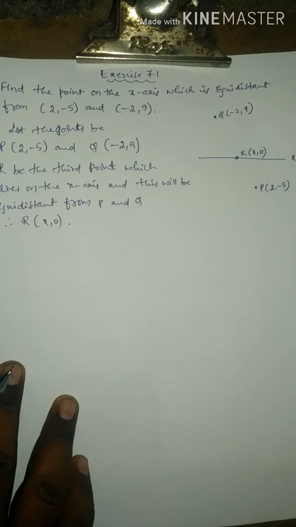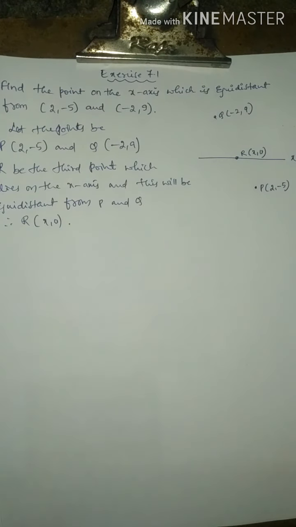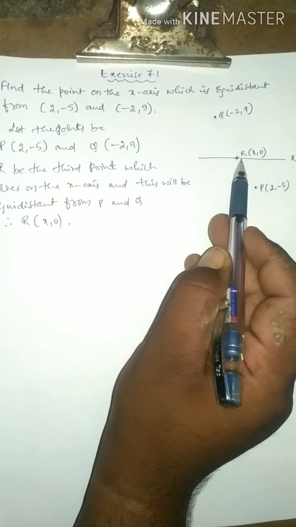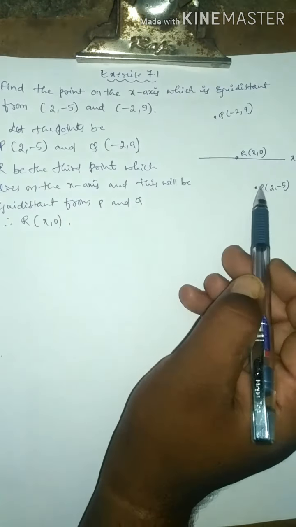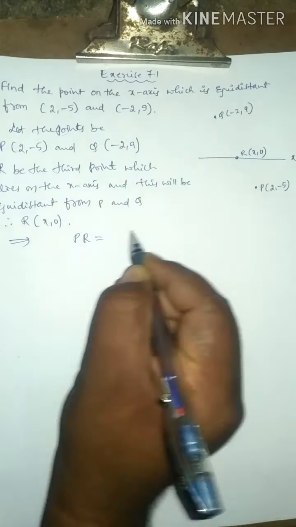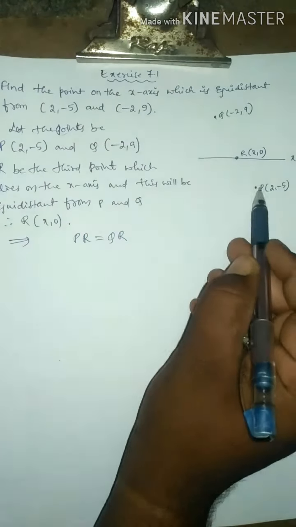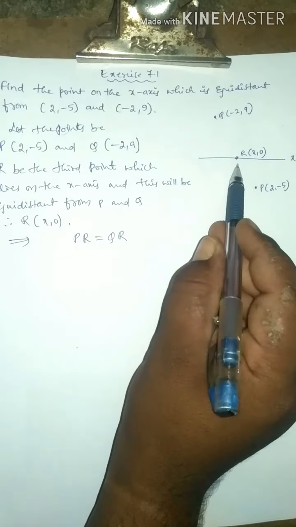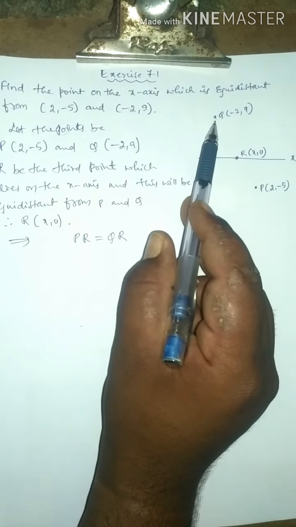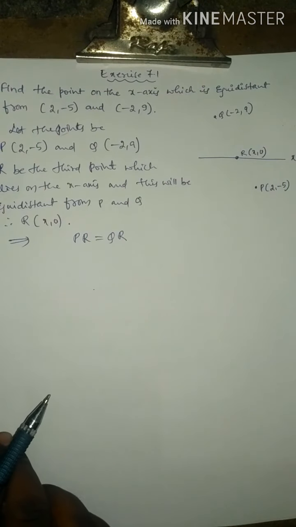So now what you have to find out here? The value of x we have to find out. By using which condition? Point R is equidistant from P and Q. So by using that condition, you have to write PR equal to QR. Whatever the distance from P to R, the same distance will be there from Q to R. Now, how to find the distance for the given coordinates?